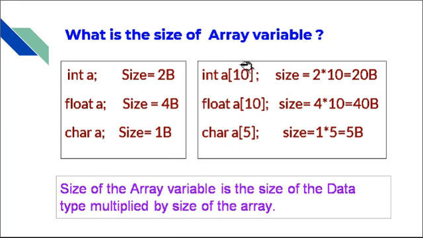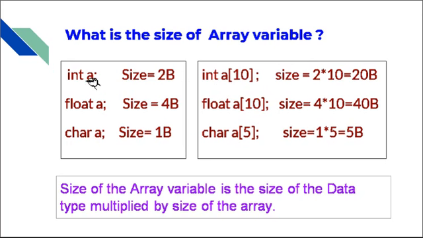Here it is mentioned as 10 within the square brackets. Means size of the array variable is 10. That is, it is capable of holding 10 integer elements. What is the size of one integer element? What is the size of int data type? 2 bytes. So size of 10 integer elements is 2 into 10, 20 bytes. 20 bytes is the size of the array variable A.